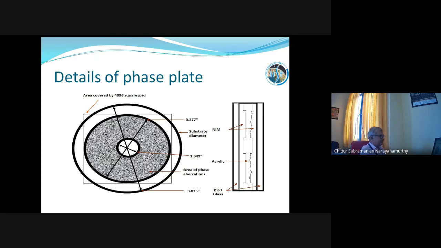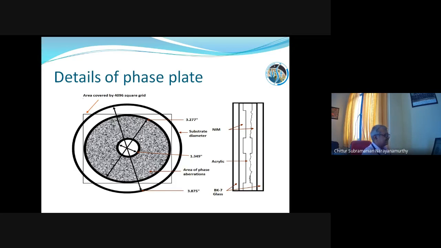We have 2 BK7 ordinary glass layers sandwiched inside an acrylic, and a near index matching polymer can be coated here, and it will exactly measure the turbulent fluctuation. You can simulate whatever typical atmospheric turbulent refractive index here, when the light passes through this pseudo random phase plate.